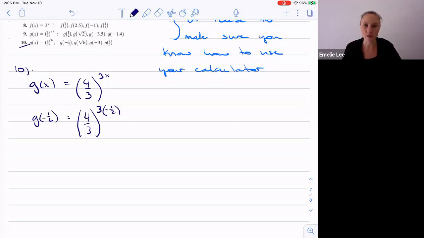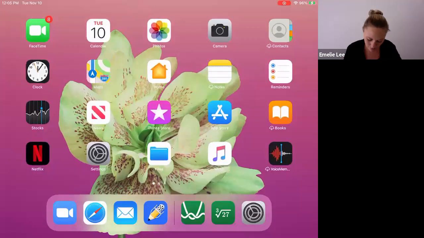I'm going to use the Desmos calculator so you can see it on the screen. My iPad doesn't like sharing my Desmos anymore. Share screen.